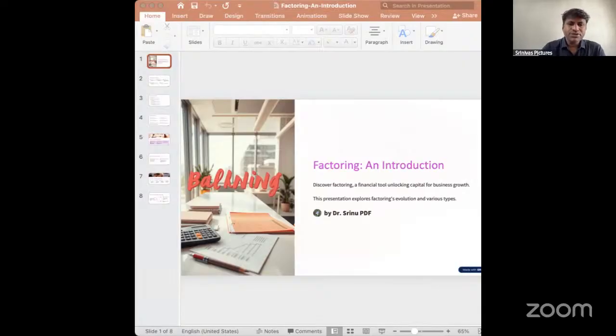Next chapter is Unit 7, that is factoring. What is the meaning of factoring?